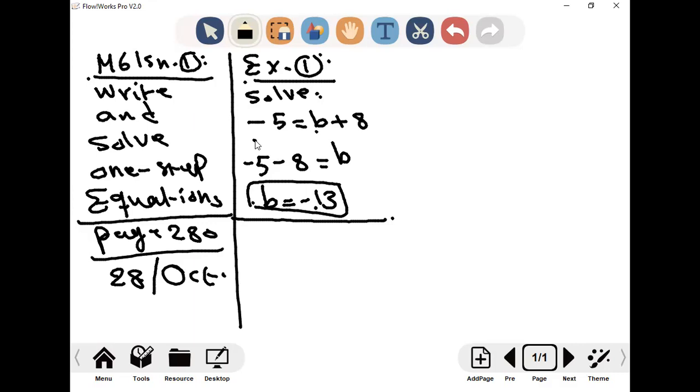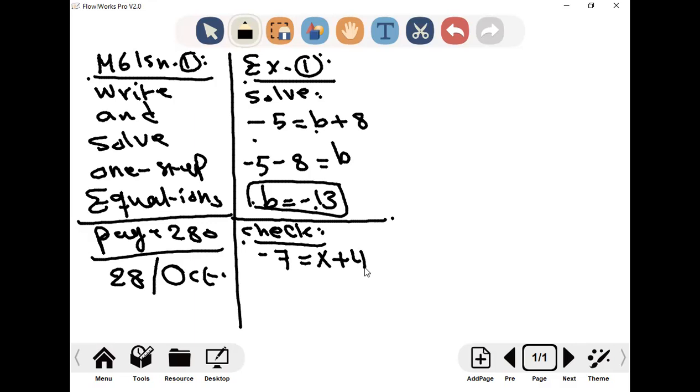This is example 1, and this is the check of example 1. Solve -7 = x + 4. Here the connected number is plus 4, right?